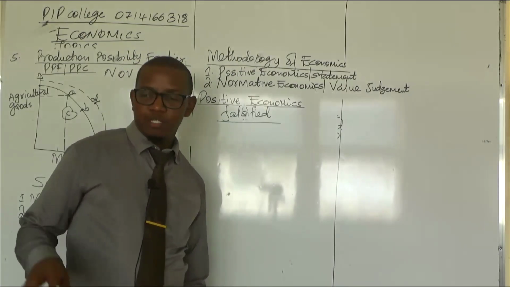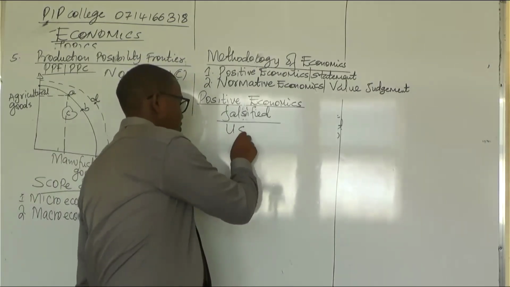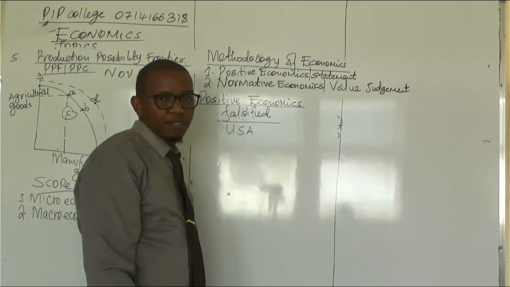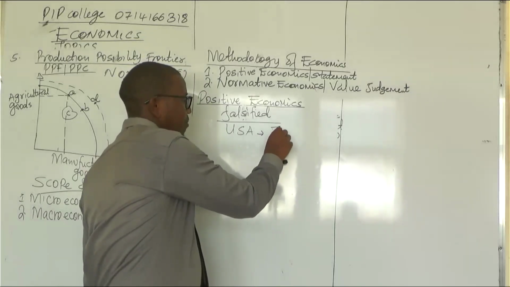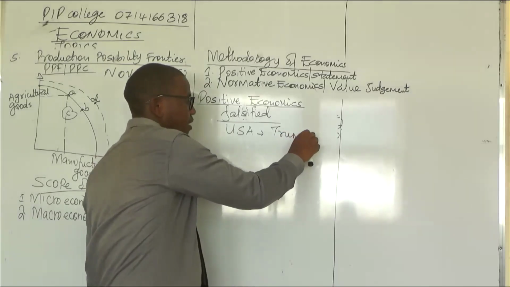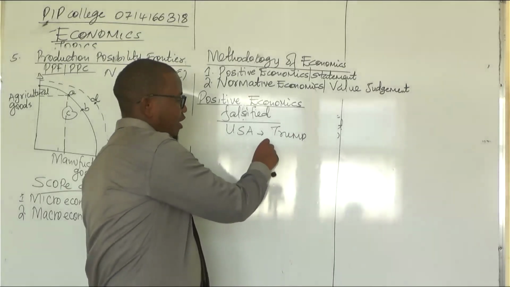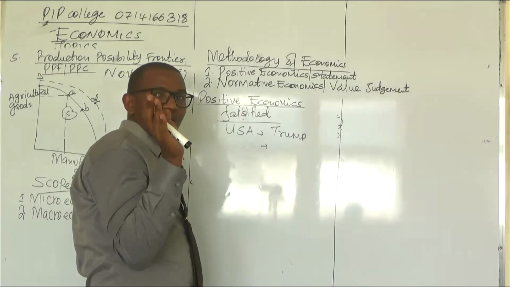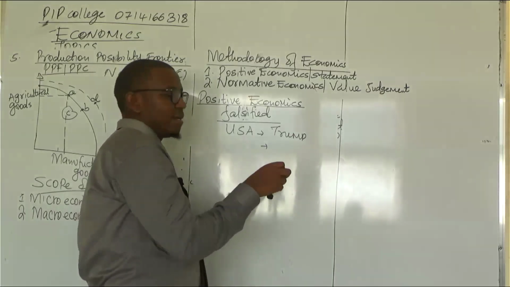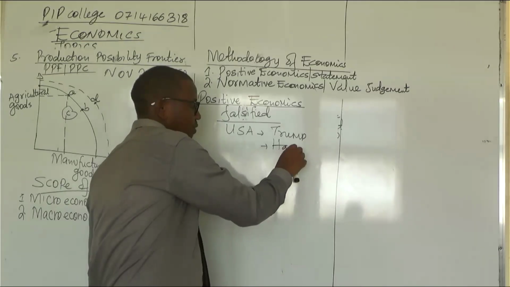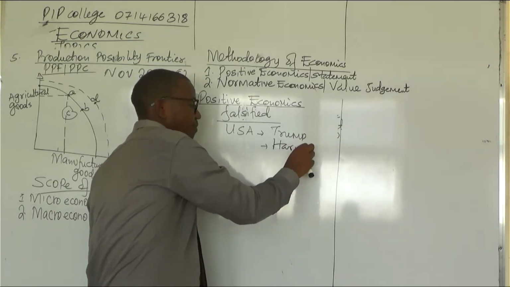Now, last year the USA was having elections, si ndio? Sawa sawa. Kulikuwa na Trump na kulikuwa na huyu mwingine alikuwa anaitwa nani? Huyo mwingine alikuwa huyo wa Democrat. Kamala Harris, ndio?